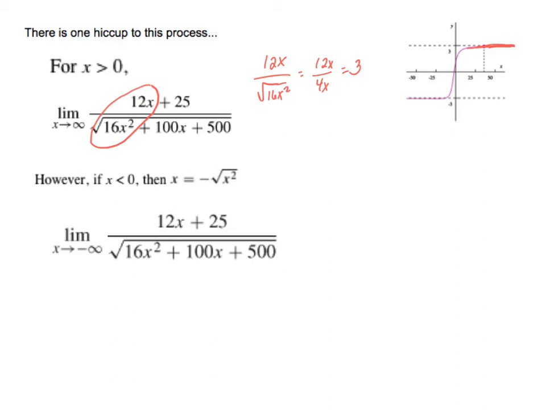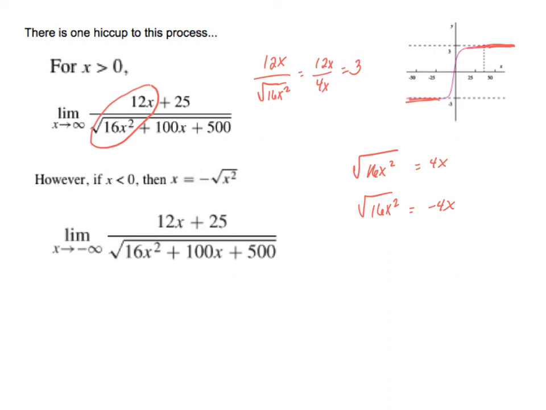But how come we go down here to negative 3 on the other side? Right? So we have to think about this. The square root of 16x squared equaling 4x. Well, couldn't it also equal negative 4x?